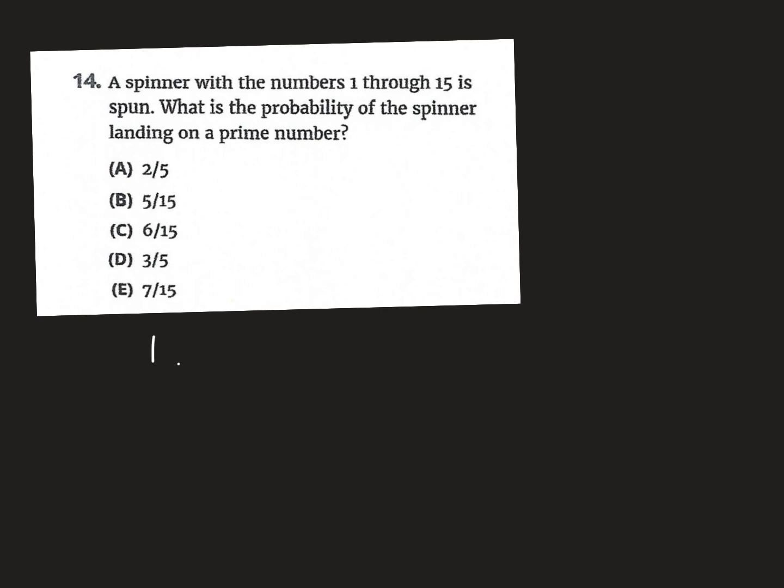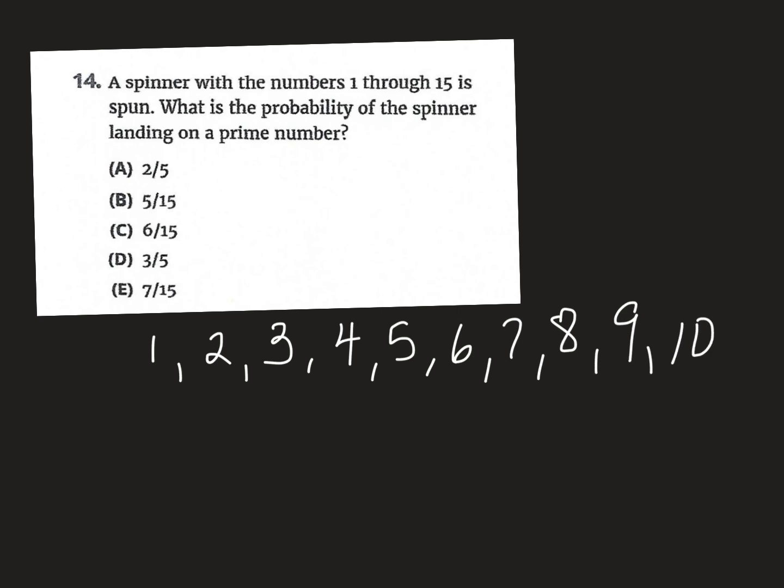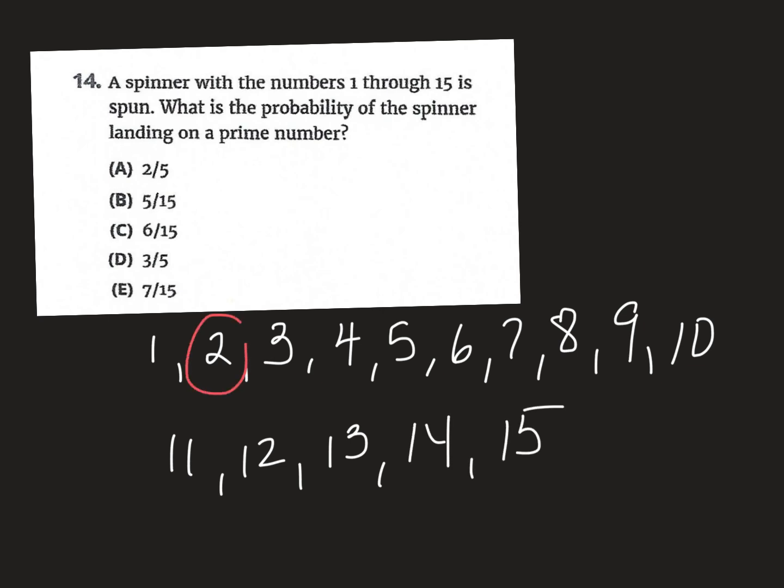I'm going to just number 1 through 15, and then I'm going to circle the ones that are prime numbers. 6, 7, 8, 9, 10, 11, 12, 13, 14, 15. So the first prime number is 2 because you can only get 2 by multiplying 2 times 1. Second prime number is 3 because that's 3 times 1. That's the only way you can get 3. 5 is 5 times 1.